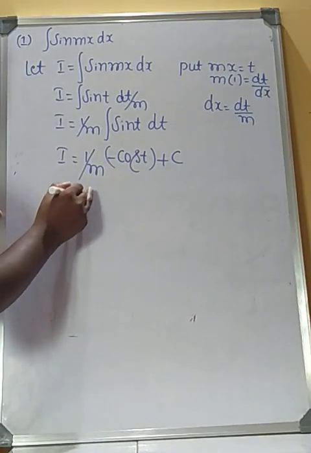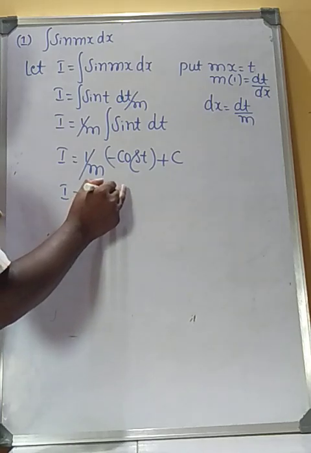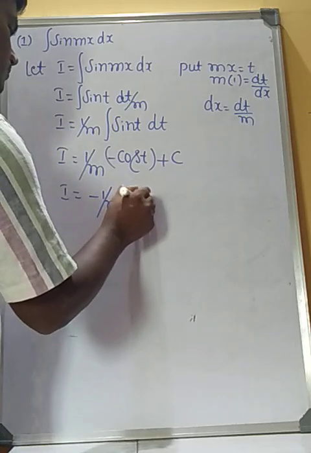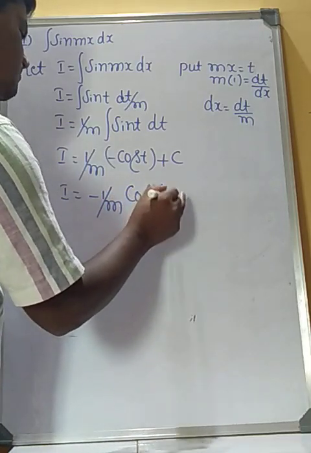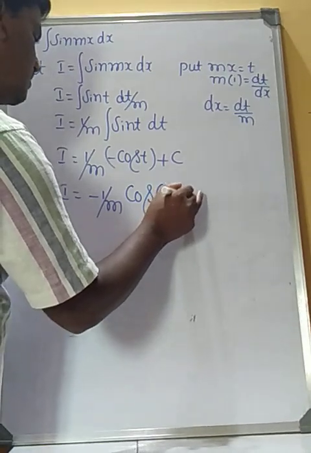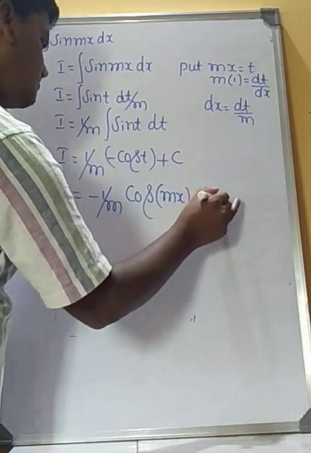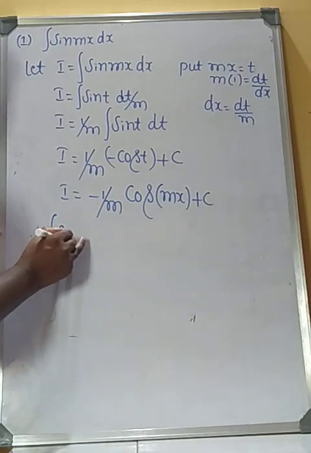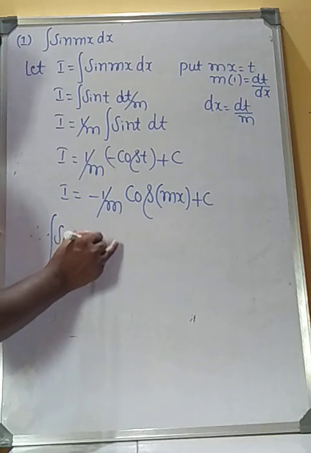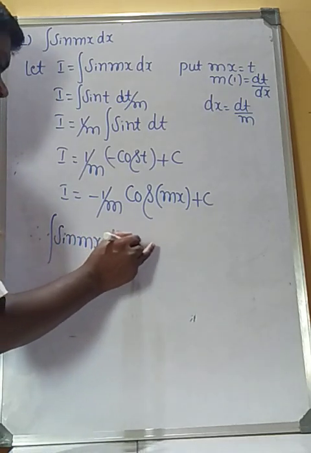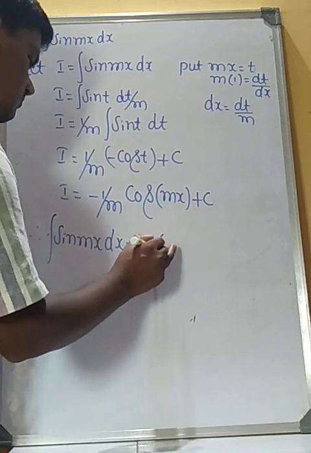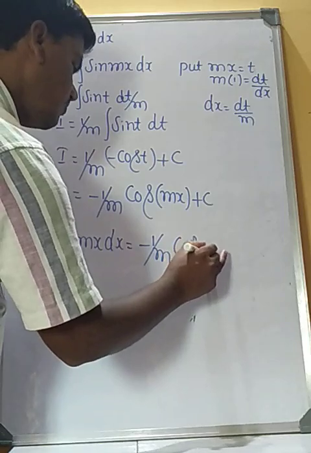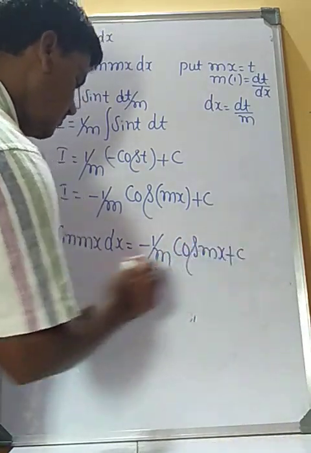Therefore, I is equal to minus 1 by m into cos t. What is t? t is mx. So the integral of sine mx into dx is equal to minus 1 by m into cos mx plus c.